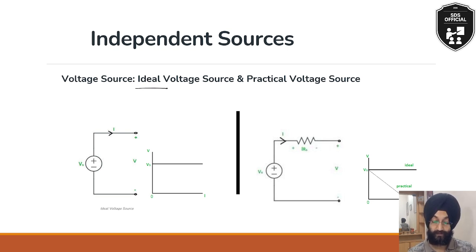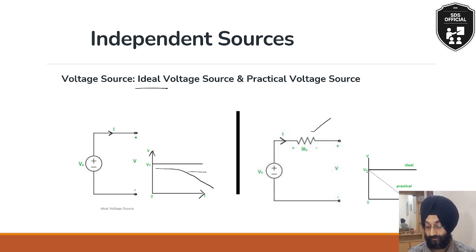This is the ideal voltage source, ideal and independent. So in ideal voltage source, as we discussed in the first video, the voltage never dies out. It never comes to a decreasing value. But in practical scenario, there is always some kind of heat or dissipation of energy when we use some particular device for a particular amount of time.